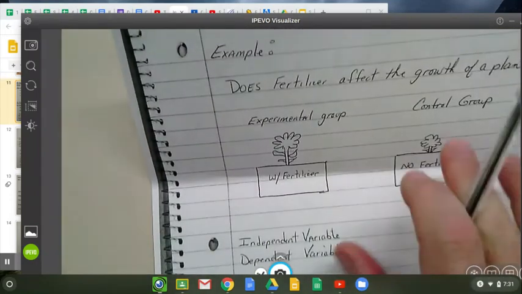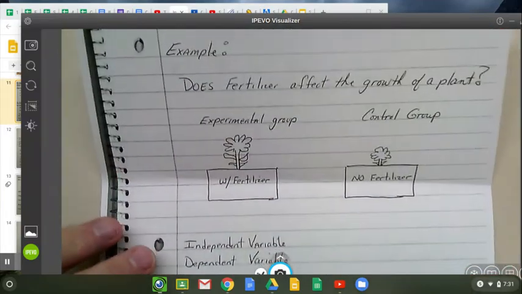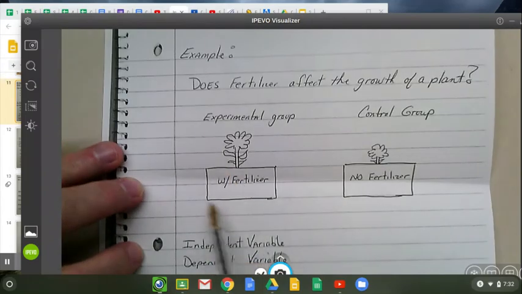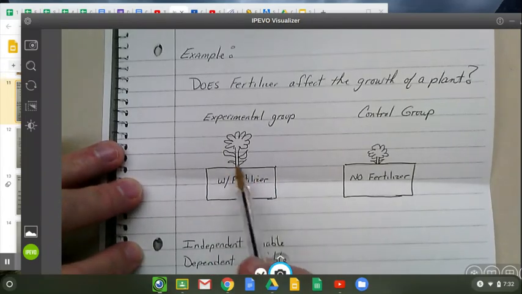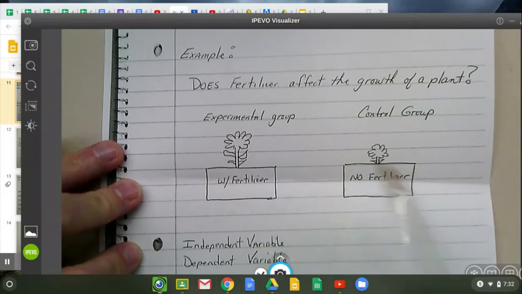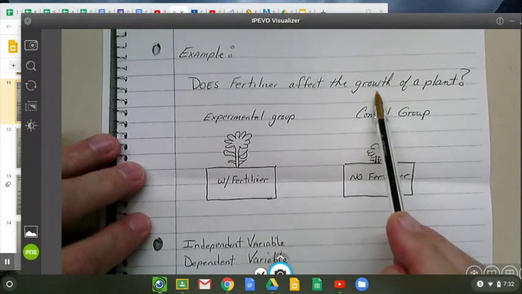So let's take a look at an example that's similar to that. All right. So my problem here is, does fertilizer affect the growth of a plant? So I got to set up two flower pots, one with the fertilizer in it and one with no fertilizer, because I want to see if fertilizer has any effect on the growth of the plant.